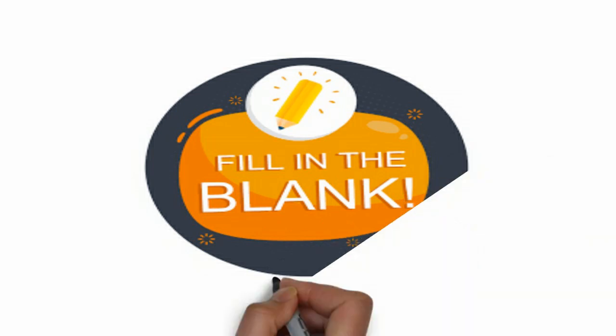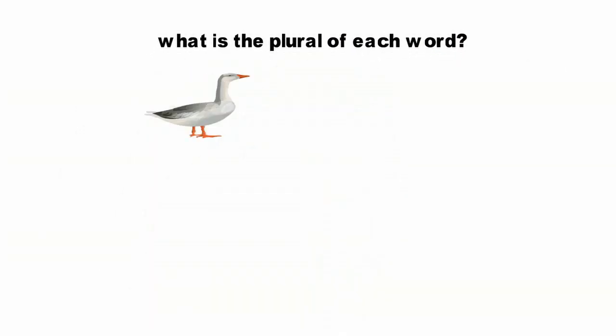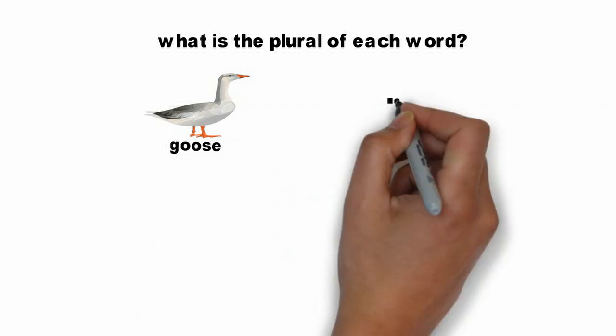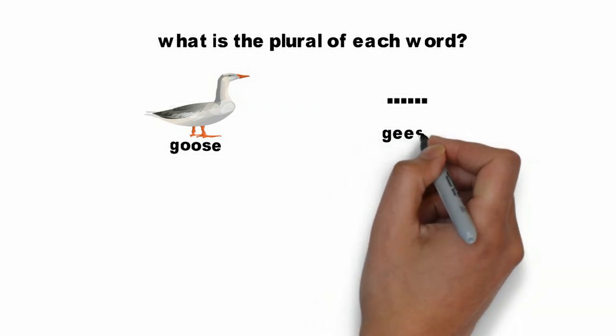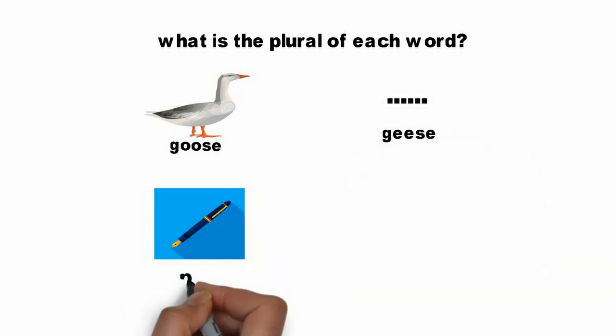Let's do one exercise. Now fill in the blanks. What is the plural noun of each word here? Goose, what's the plural noun? Think about it. Yes, geese. Pen, what's the plural noun of it?